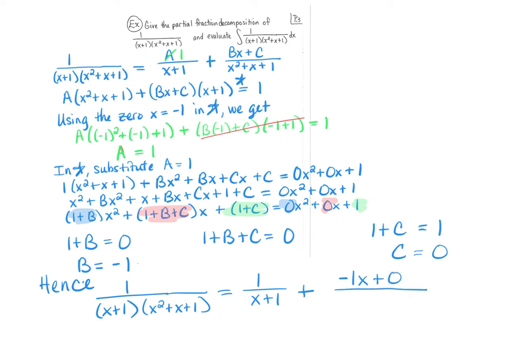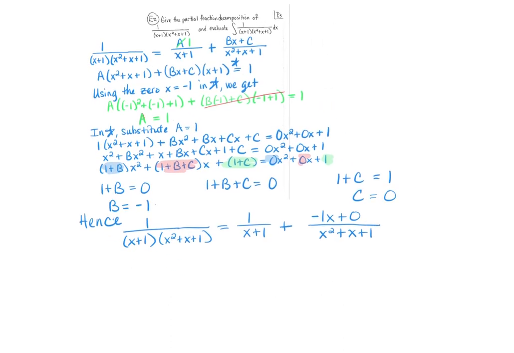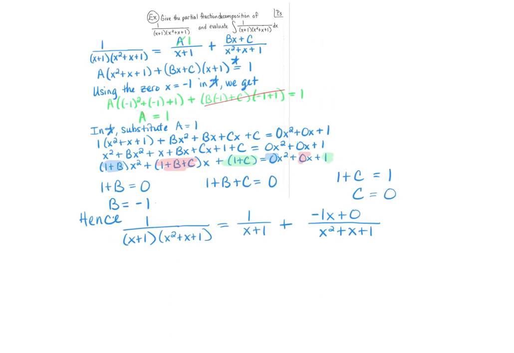Typically, you would just write negative x as your numerator, and I encourage you to do that. I'm just doing that here so you can see where the coefficients came from, which means our partial fraction decomposition is 1 over x plus 1 minus x over x squared plus x plus 1.